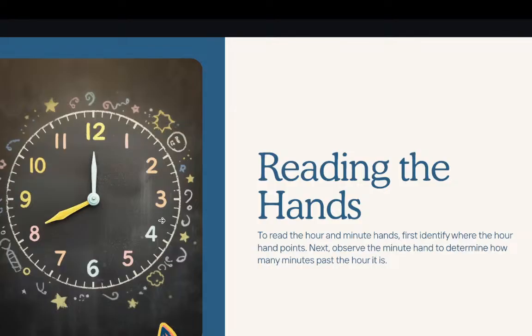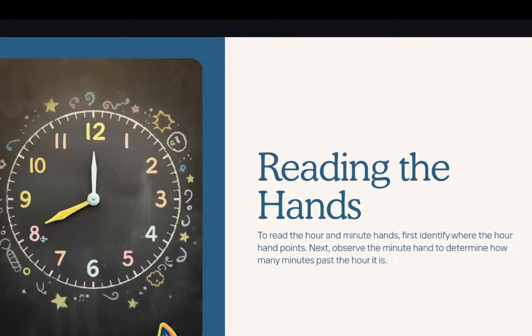Next, we look at the minute hand. The minute hand tells us exactly how many minutes have passed since the hour started. We count around the clock until we reach the minute hand. So for example, if the minute hand points at 8, that means 40 minutes have passed in the full hour.